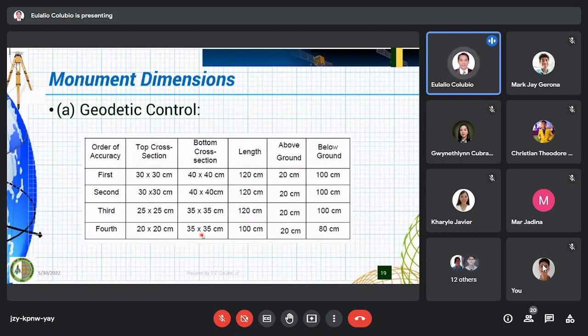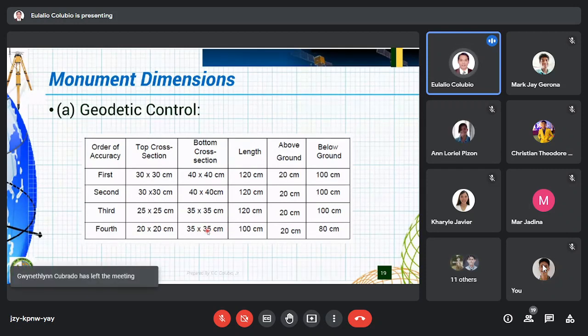It's 20 by 20 on top and 35 by 35 at the bottom. But the one at the guard post has the same specifications. I think the height above ground is 20, and the buried part is maybe only 60, and the bottom isn't square, it looks round. So some of the contractors doing that project did not follow our standard sizes and specifications.